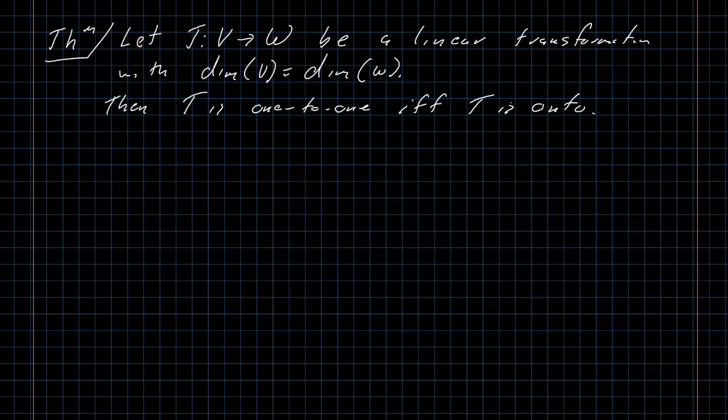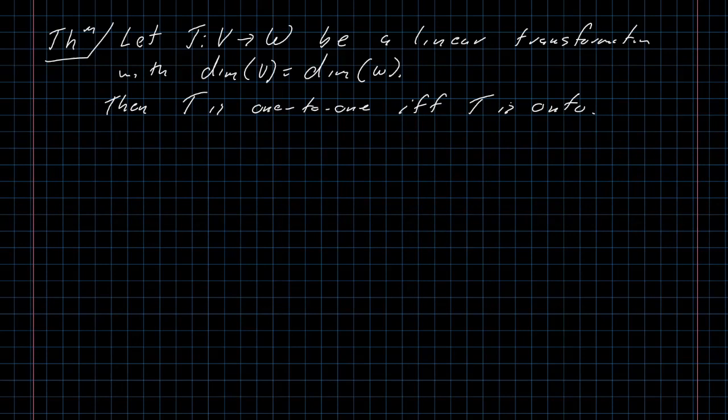Let's consider a linear transformation T mapping from V to W, where the dimension of the domain and the codomain are equal. Then I claim that T is one-to-one if and only if T is onto.